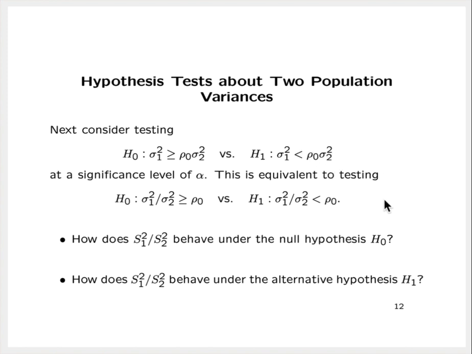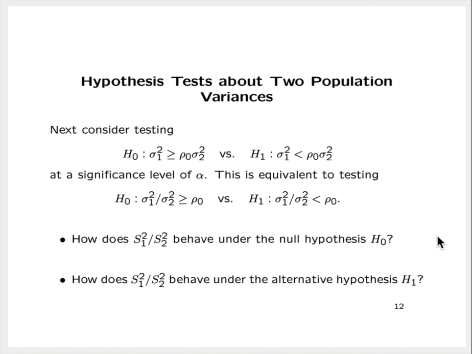And so again, we can restate this in terms of the ratio of the population variances. The null hypothesis is that the ratio of the population variances, sigma 1 squared over sigma 2 squared, is greater than or equal to rho sub 0, against the alternative that says that ratio of population variances is less than rho sub 0.